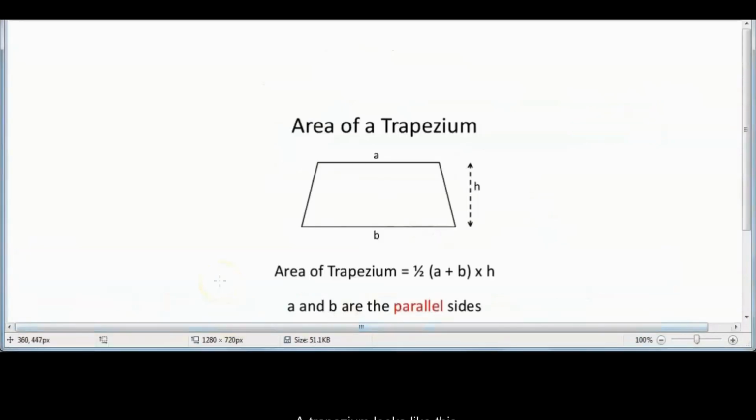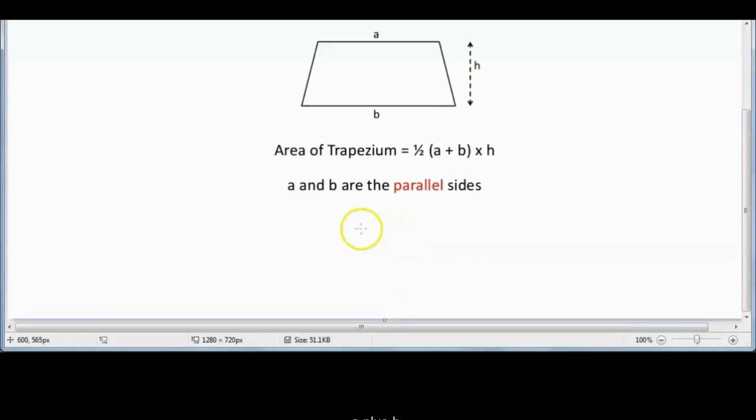A trapezium looks like this. Side A and side B are the parallel sides. So the sum of the parallel sides is A plus B. The distance from A to B is the height.